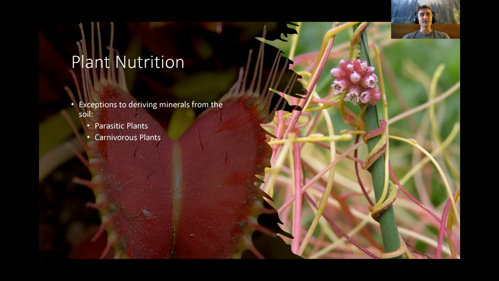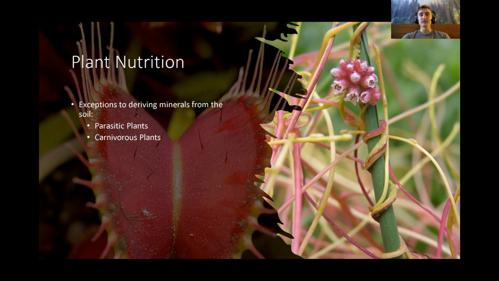On the left-hand side, we see a familiar Venus flytrap, which is a carnivorous plant. It's a plant that eats bugs, and it doesn't do that in order to get the calories. It's not decomposing the bug like a worm would, but it's having that fly break down and release minerals. The reason the Venus flytrap and other carnivorous plants need to eat bugs is because they typically grow in waterlogged, saturated soils.